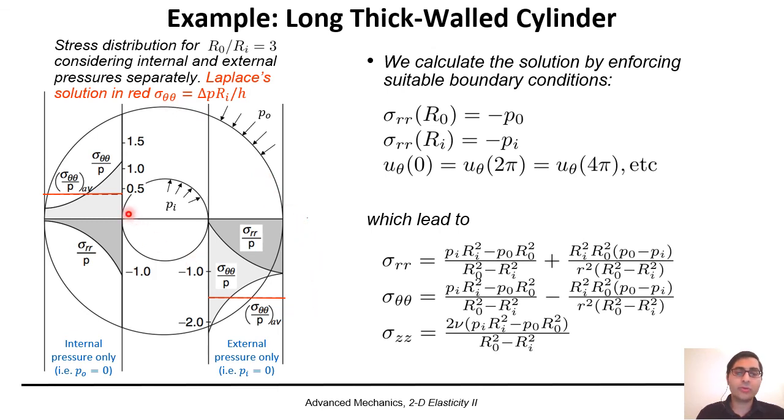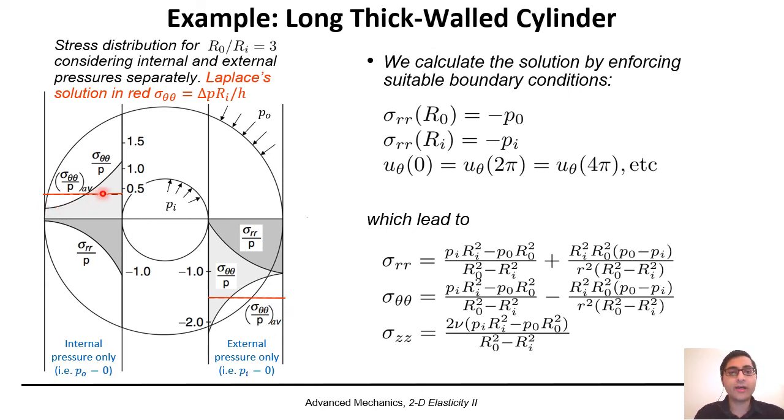And also, again, let me say that Laplace's solution for circumferential stress, sigma theta theta, remains constant throughout the wall, and it's like the average of the actual value. So it's smaller than the maximum stress, and it's higher than the minimum stress.